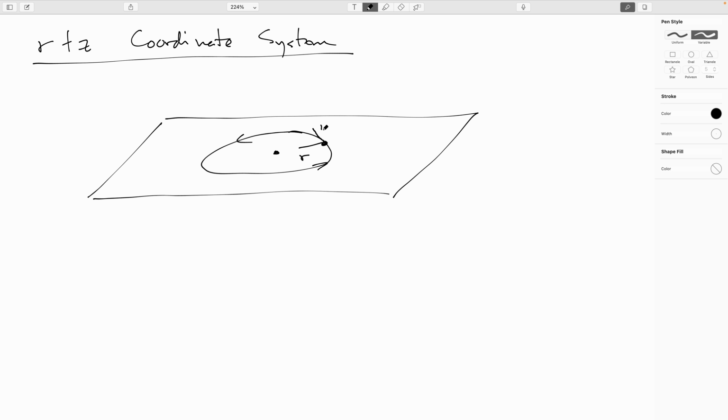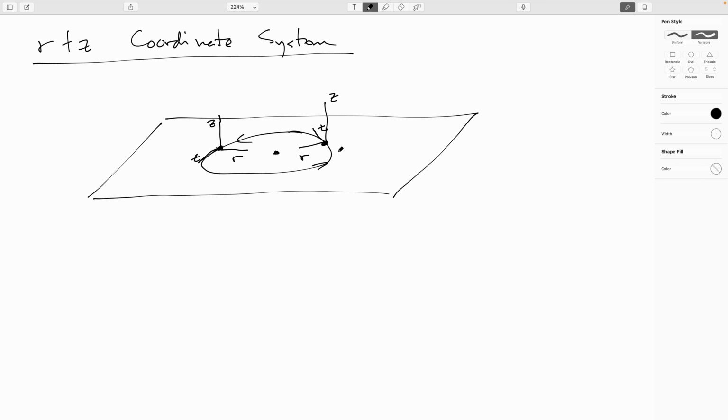T will be pointed tangential, and then z is perpendicular to them both. And anywhere you go along here, r will be pointed in, t would be tangential, oriented counterclockwise, and z would be perpendicular to them both.